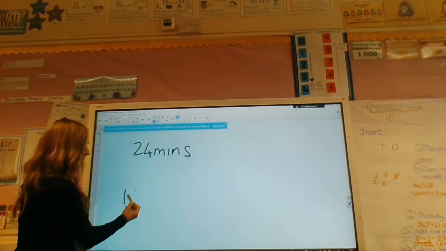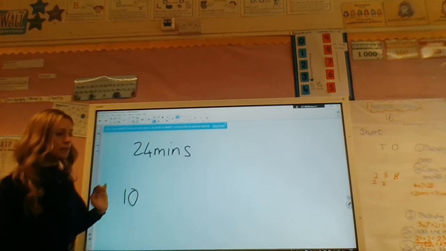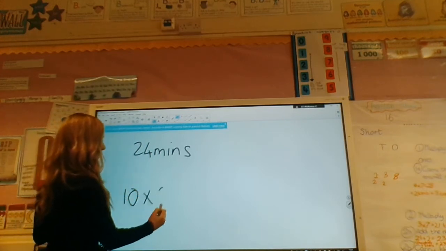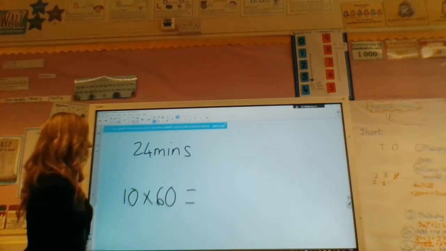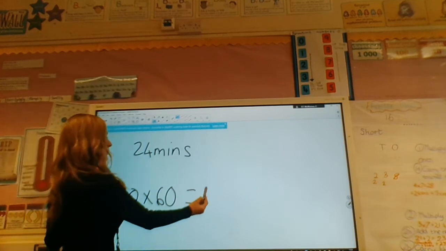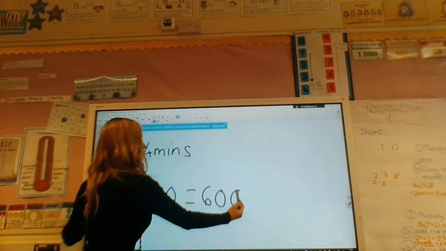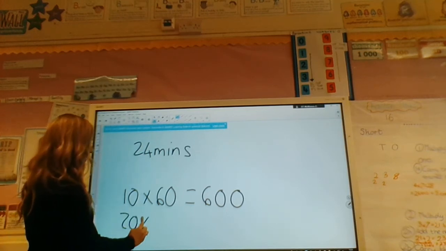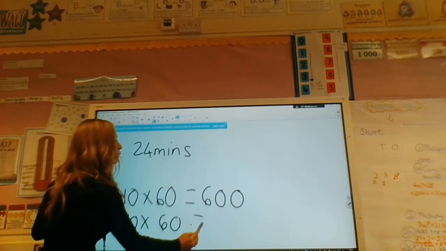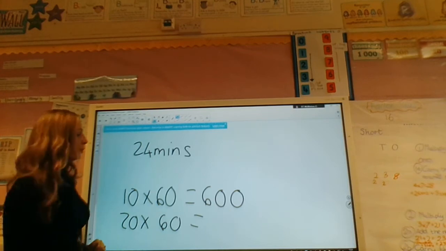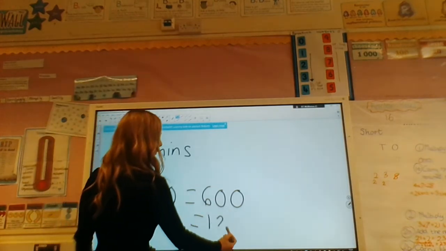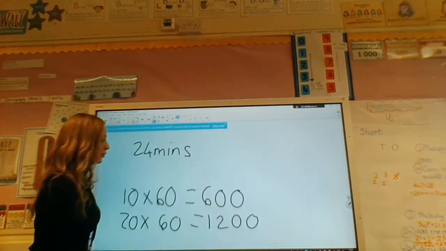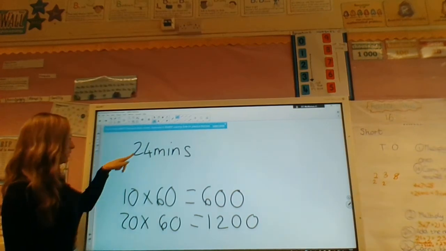Well, 10 minutes in seconds is 10 times 60. 10 times 60 would give you 600, wouldn't it? So 20 times 60 would be double that. So what's double 600? 1,200. So that gives us 20.